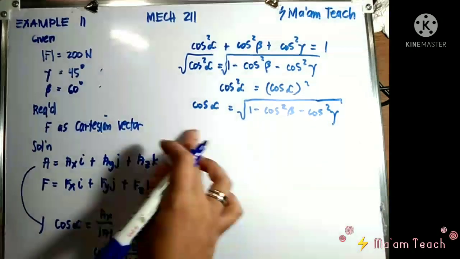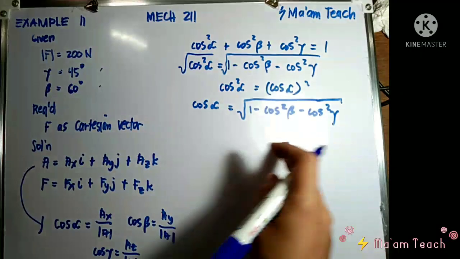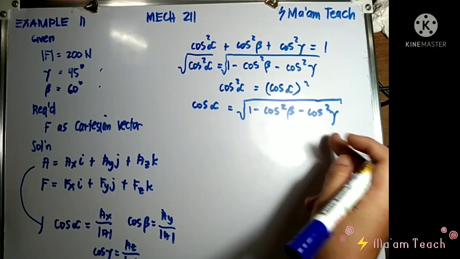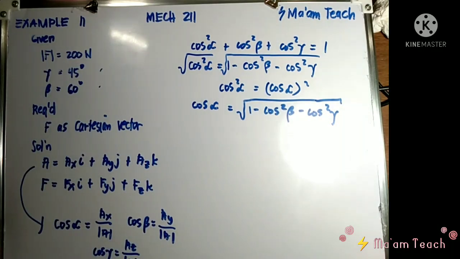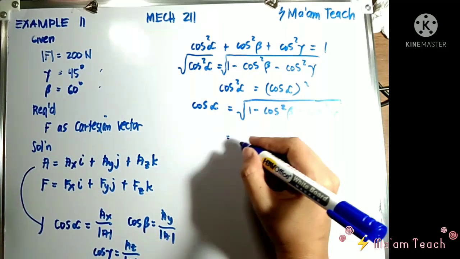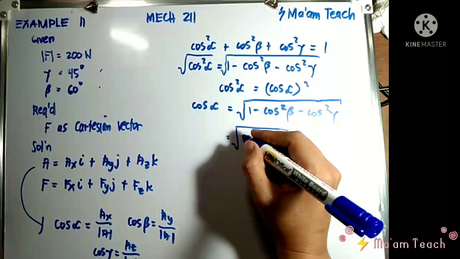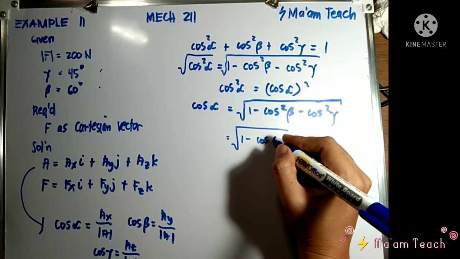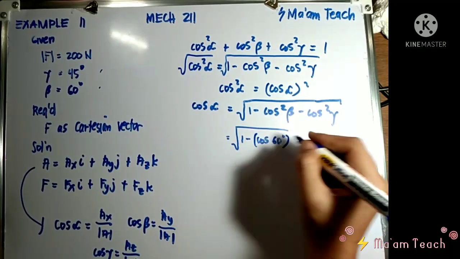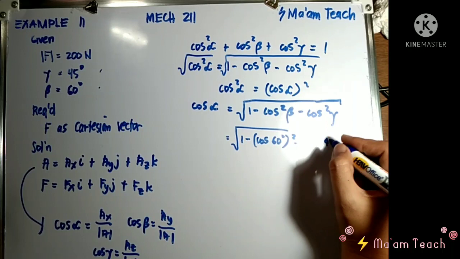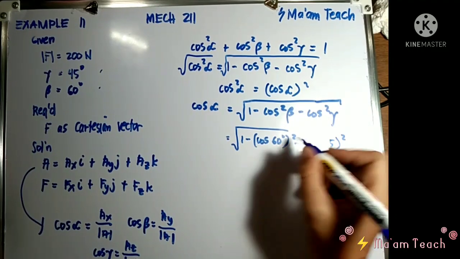Okay, so let us first evaluate this expression, this radicand here, by substituting our values of angle. So square root of 1 minus cosine of beta, which is 60, squared, minus cosine of gamma, which is 45, squared.